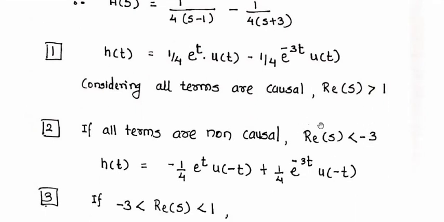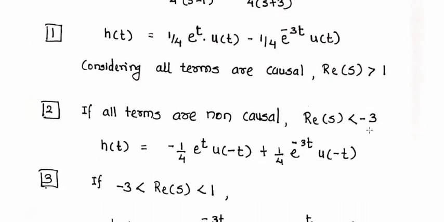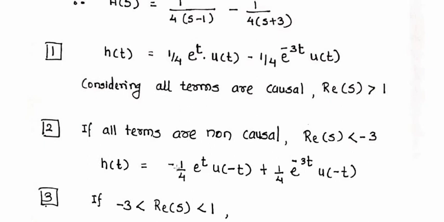If we consider the combined ROC, it will be to the left of the leftmost pole, and we have the leftmost pole at s equal to minus 3. So the resulting sequence h of t will be a left-sided sequence, and that's why this inverse Laplace becomes minus 1 by 4. You can note the change here: minus e to the power t as it is, and u of minus t.